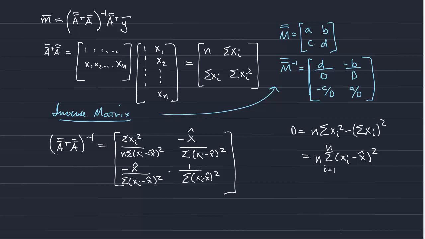And I'm showing this for a couple of reasons. The second of which we'll talk about later, but the first is for you to see that the model coefficients, remember m was a1 and a2, those solutions are going to be functions of these sums.